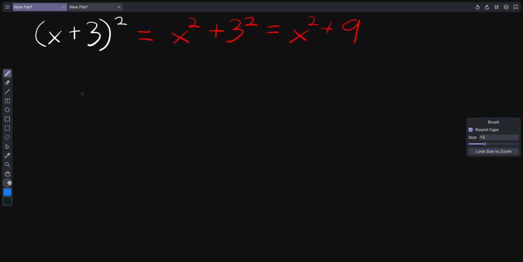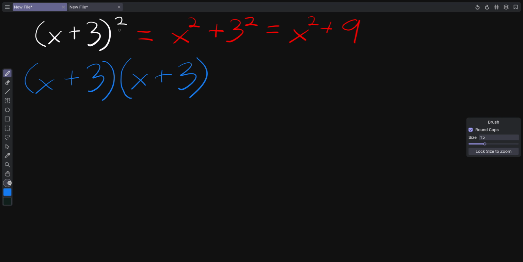Well, there is something else we could do, and we could use the FOIL method. Why? Because x plus 3 squared is really equal to x plus 3 multiplied by x plus 3.